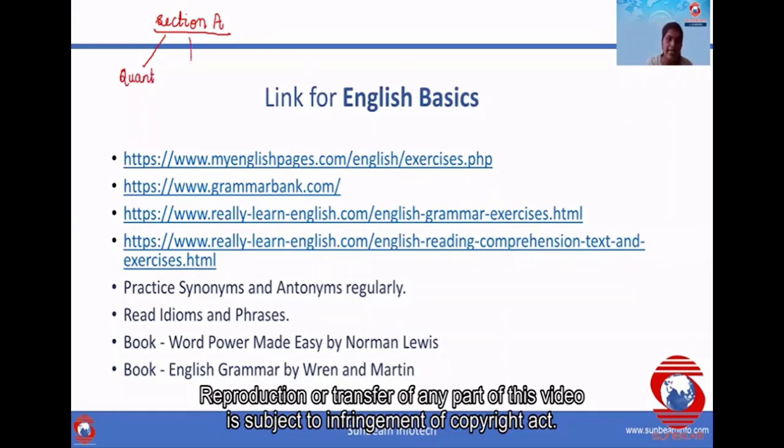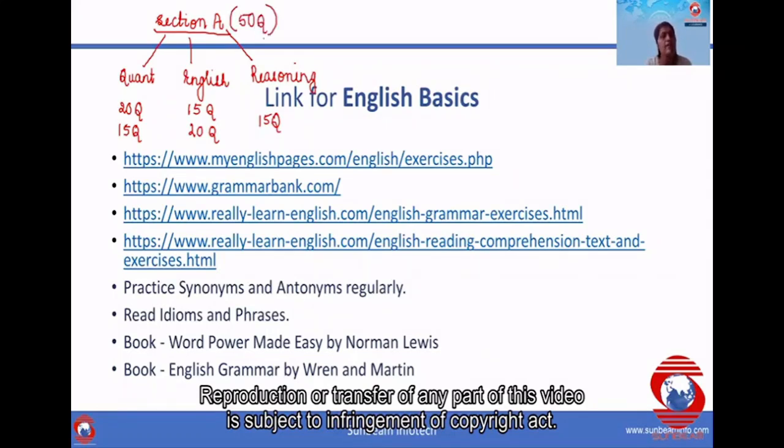Then there is English, and then there is reasoning, right? So these are the 3 sub parts in this सेक्शन ए, राइट? क्वांटिटेटिव के 20 क्वेश्चंस हो सकते हैं एंड इंग्लिश के 15 क्वेश्चंस होते हैं समटाइम्स. अदरवाइज यहाँ पे अगर 15 क्वेश्चंस होंगे तो यहाँ पे 20 क्वेश्चंस होंगे, राइट? एंड ऑलवेज रीजनिंग हैज 15 क्वेश्चंस, राइट? सो दैट नेवर चेंजेस. यहाँ पे हमेशा रीजनिंग में 15 क्वेश्चंस रहेंगे, राइट?